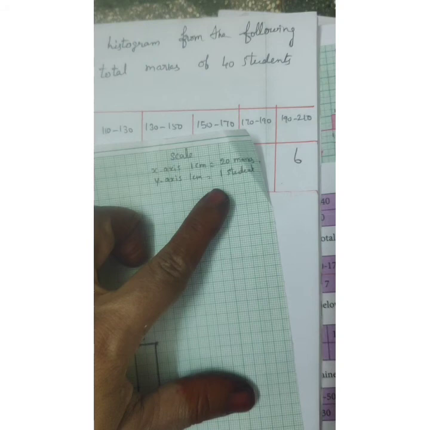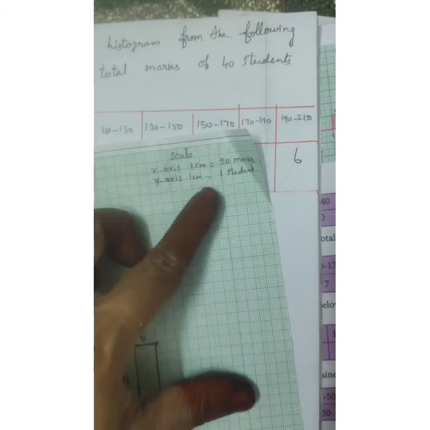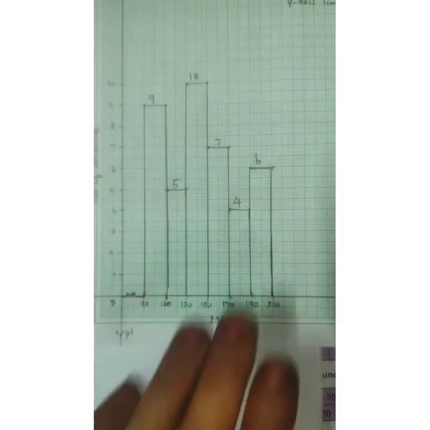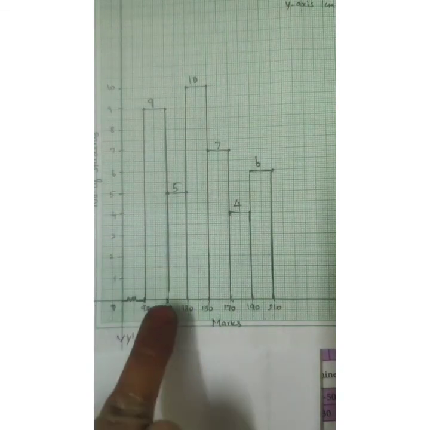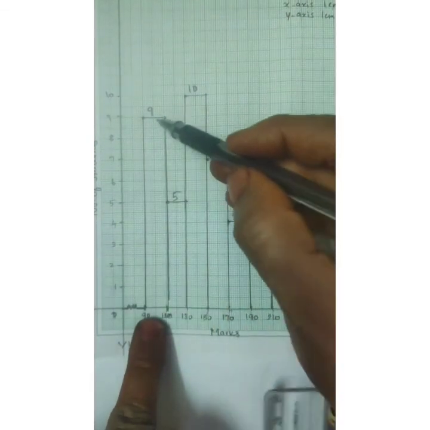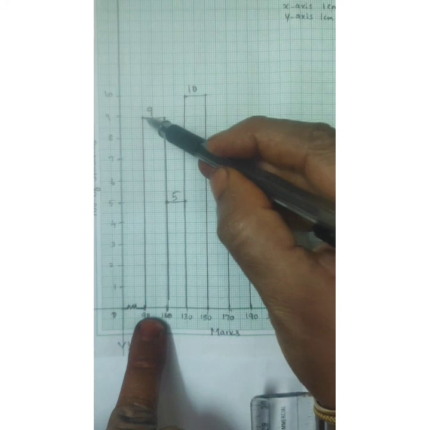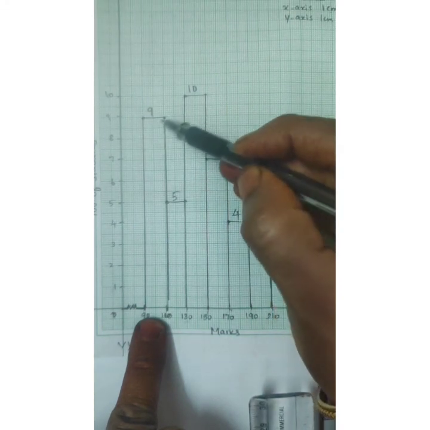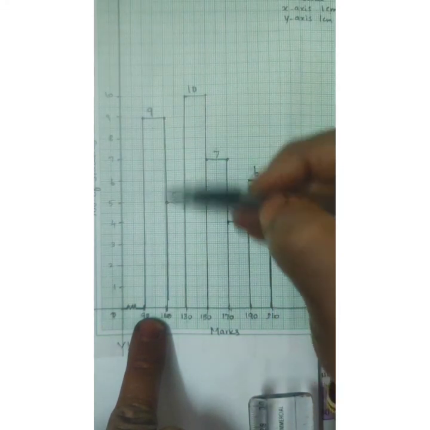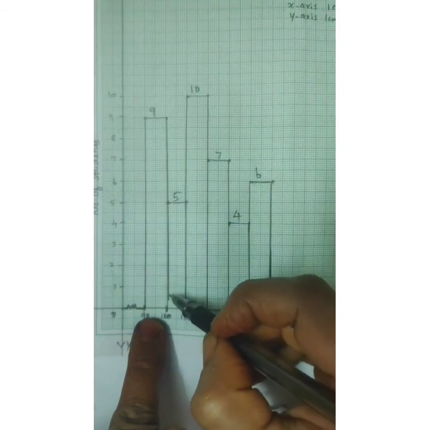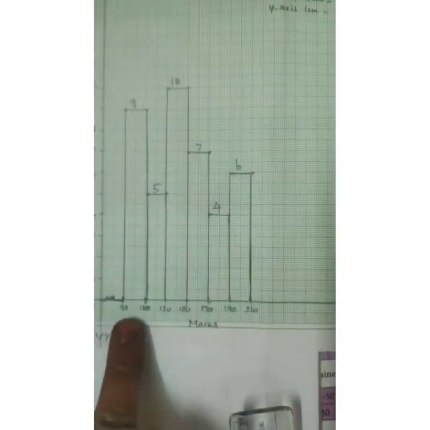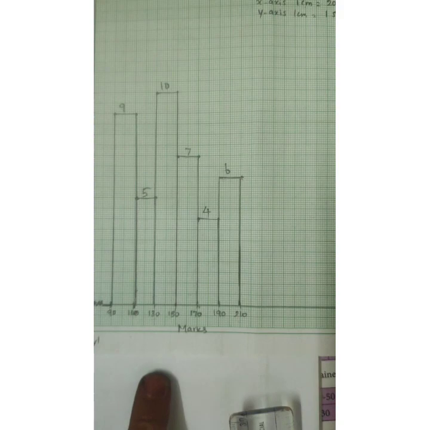Scale: x-axis 1 centimeter equals 20 marks, y-axis 1 centimeter equals 1 student. So for 90 to 110, you mark 9. Straight above 9 keep the 2 dots. See there, count correctly. A box-like rectangle shape must come. Okay, if you have a doubt, you ask. Thank you.